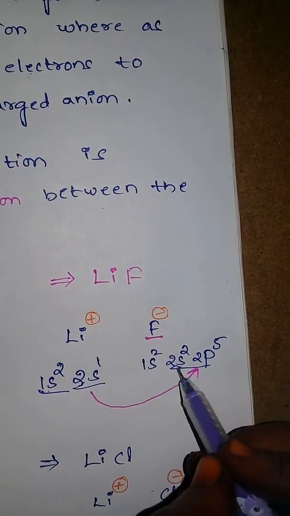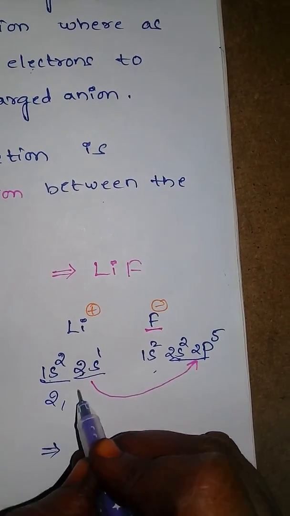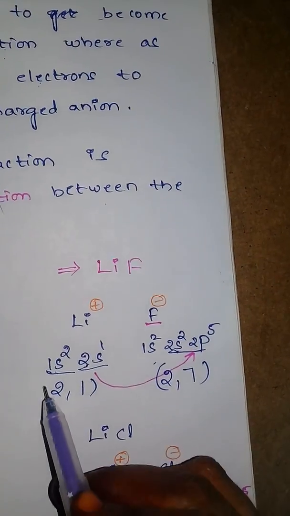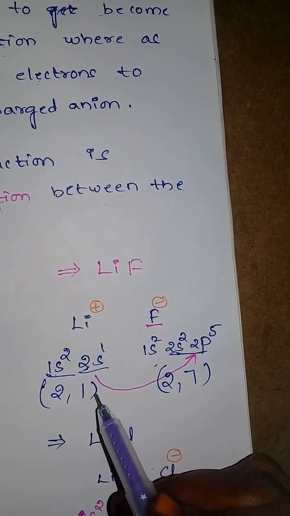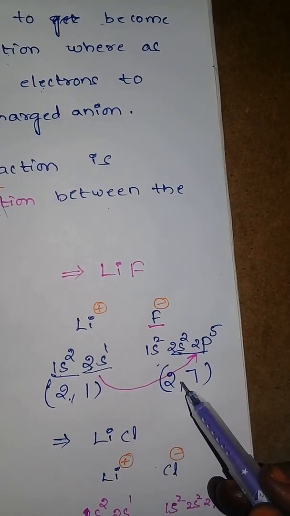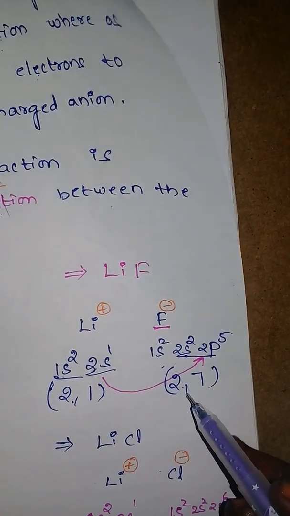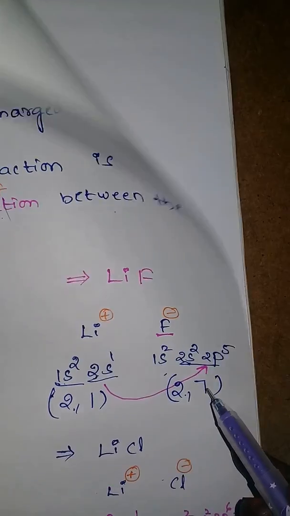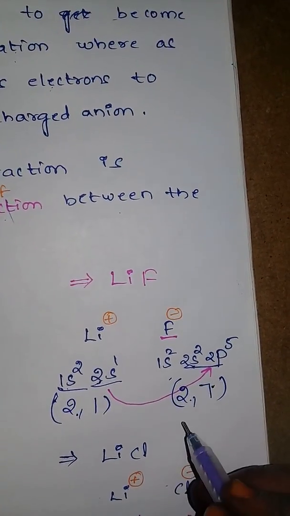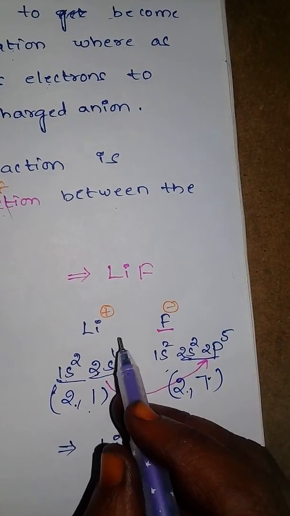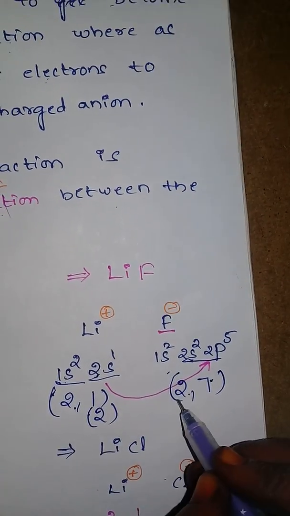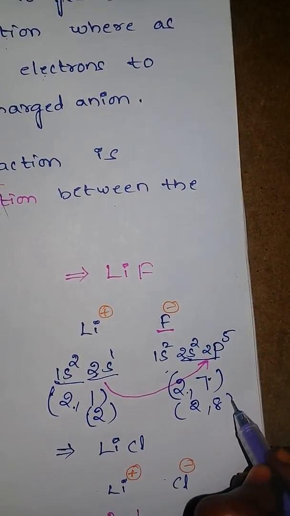Then with transfer of 1 electron from lithium to fluorine, fluorine attains stable configuration like noble gases. So after transfer of electrons from lithium to fluorine, the configuration of lithium is 2 and fluorine is 2, 8.